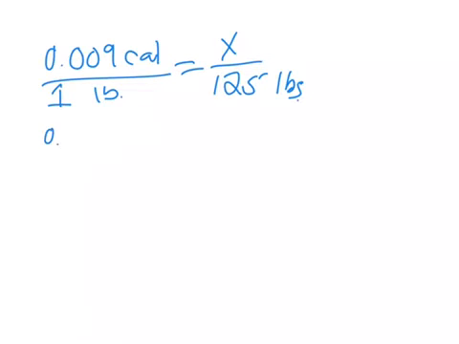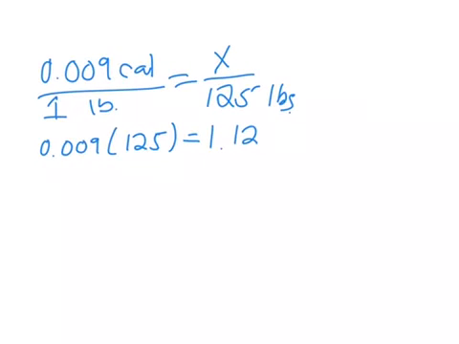So we're going to do 9,000ths of a calorie times 125. You can go ahead and do it on your calculator, and you will get 125 thousandths of a calorie per minute.